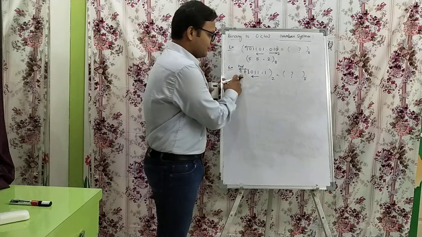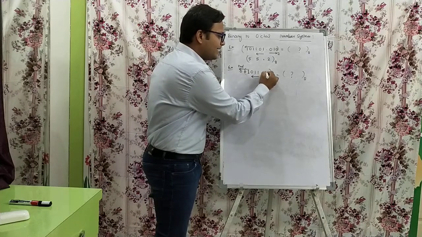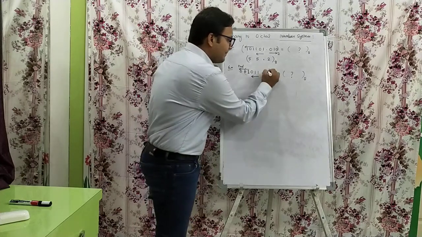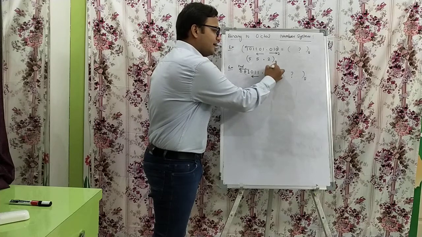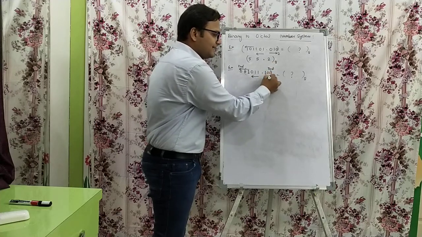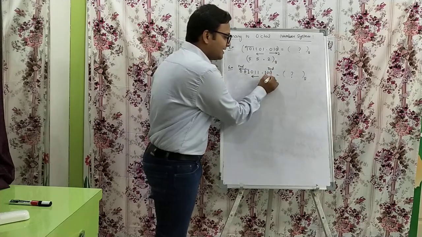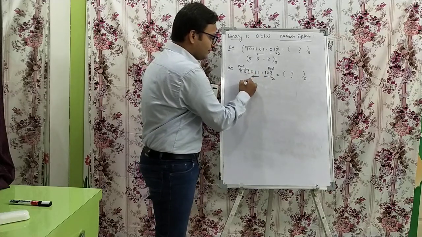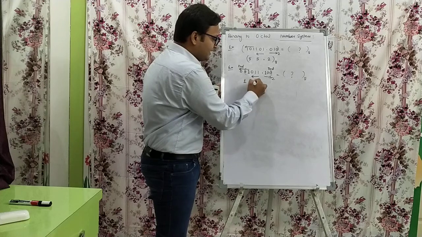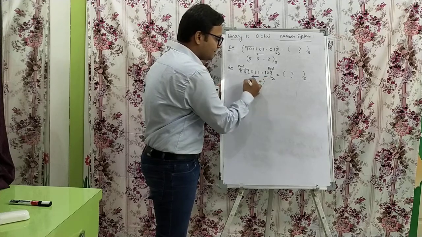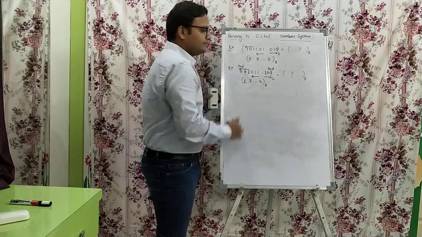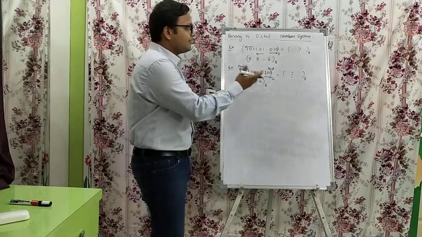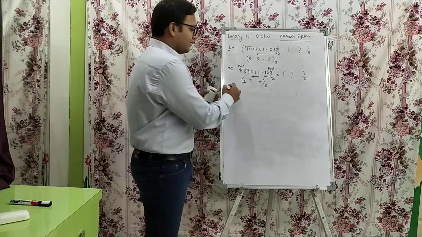Then on the right side, only 1 binary digit is available, so you pad 2 zeros again, which does not change anything, and take the grouping. So this will be 001 is 1, 011 is 3, point, 100 is 4. So this is the way you can convert a binary number into the octal number system.